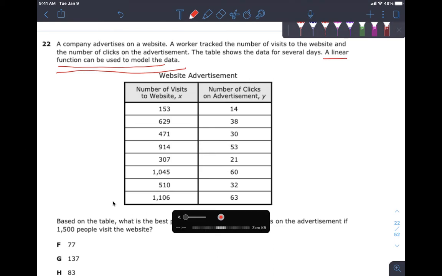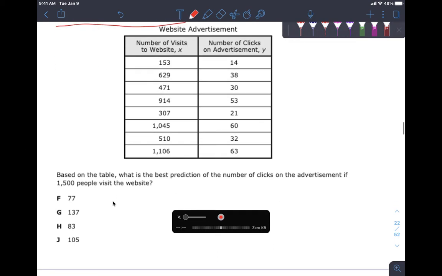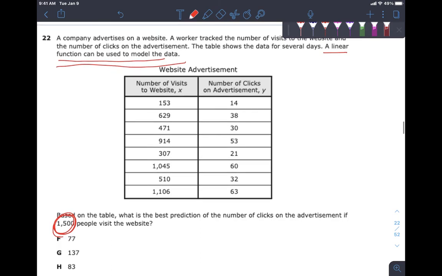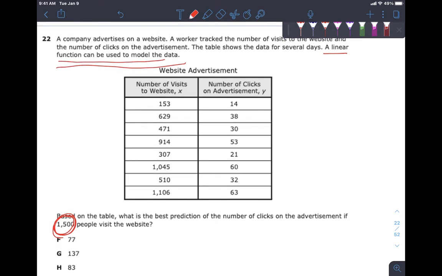So here it says, based on the table, what is the best prediction of the number of clicks on the advertisement if 1,500 people visit the website? So let me explain what exactly they want us to do. First, they want us to run a regression and get an equation. Then they want us to plug in 1,500 for x.